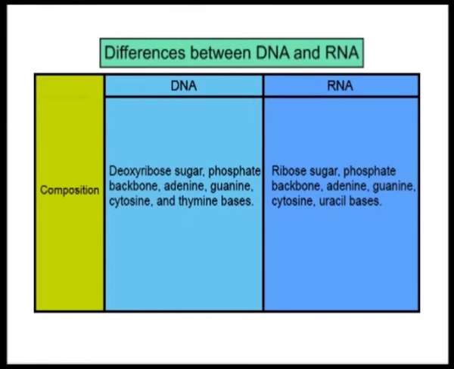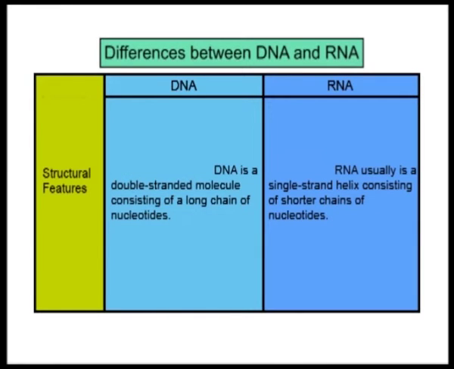DNA is composed of deoxyribose sugar, a phosphate backbone, and adenine, guanine, cytosine and thymine bases, whereas RNA consists of ribose sugar, a phosphate backbone, and adenine, guanine, cytosine and uracil bases. DNA is a double-stranded molecule consisting of a long chain of nucleotides, whereas RNA is usually a single-stranded helix consisting of shorter chains of nucleotides.